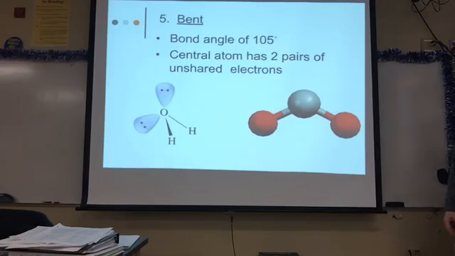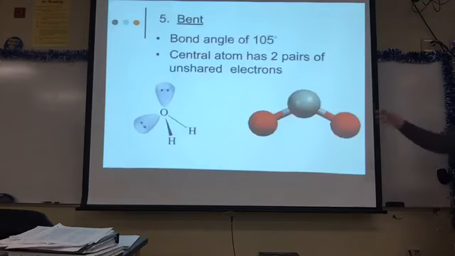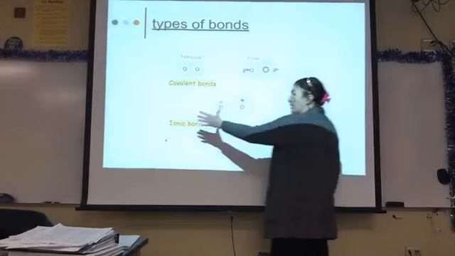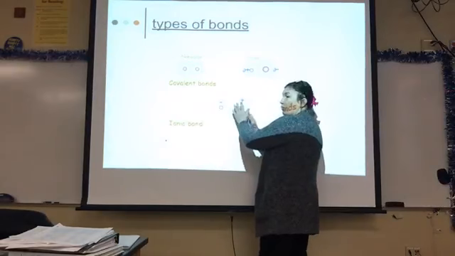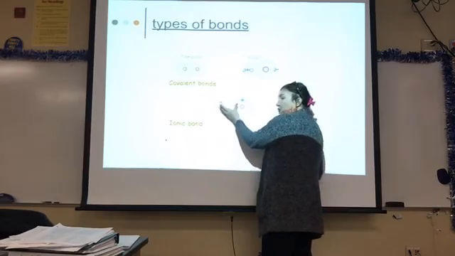Okay? Yes? Okay. Now, so we got our shapes, right? We know linear, tetrahedral, trigonal planar, pyramidal, and bent. Yes? Okay, good. Now let's talk about types of bonds. We know we have ionic bonds where the electrons are transferred, and then you get this positive and negative that are attracted to each other.